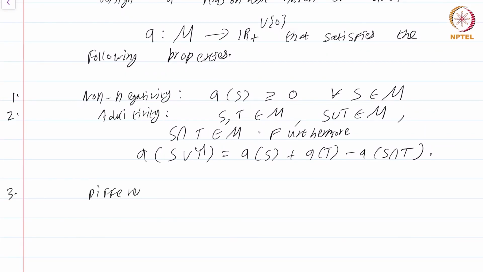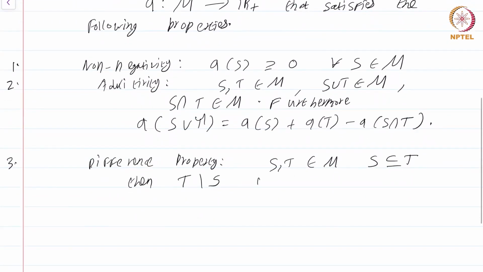The difference property. This just says that if S and T are in M with S subset of T, then so is T set minus S, with area of T set minus S to be area of T minus area of S. Again, a perfectly natural axiom.